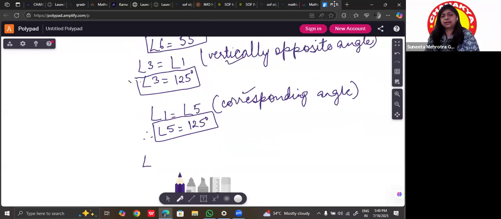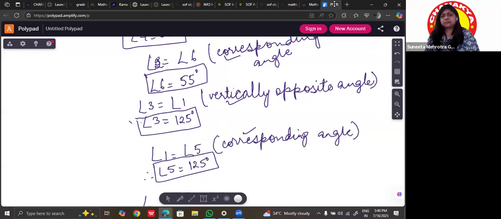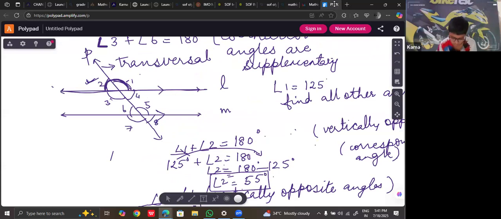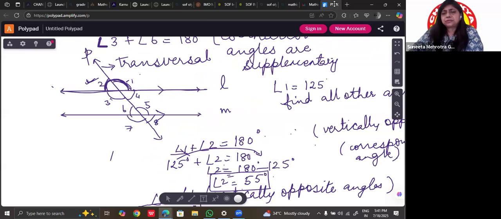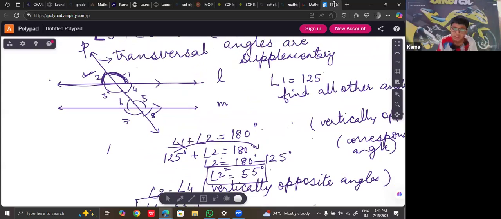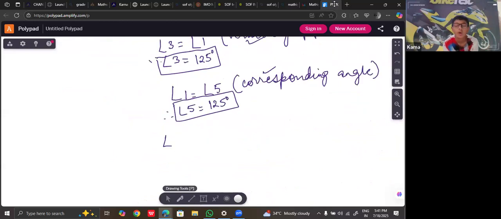Angle 7 and angle 8 are left. Vertically opposite: 6 and 8, 5 and 7. Angle 6 is 55, so angle 8 is 55; angle 5 is 125, so angle 7 is 125.